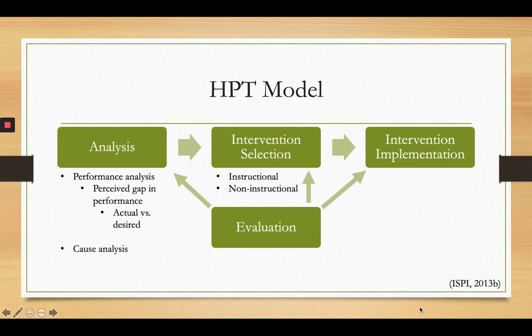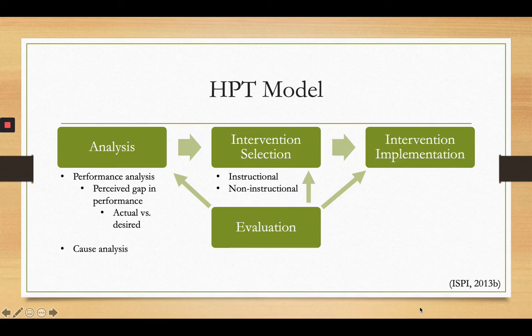In addition to the comprehensive definition, the ISPI provided a model for practitioners of human performance technology. In following the model, practitioners conduct a performance analysis to identify the gap between the actual and the desired performance, and a cause analysis to determine the cause of the gap.